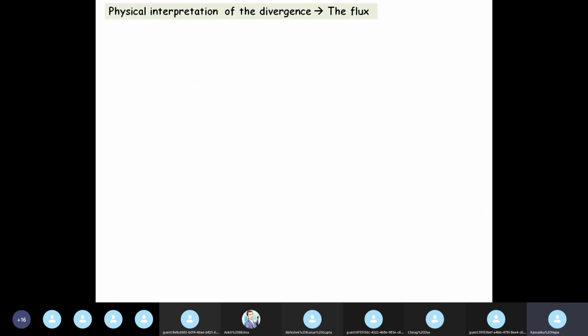Okay. Now next we have to go through the physical interpretation of the divergence. The physical interpretation of the divergence is the flux. Okay, so I don't know if you have heard this term flux.